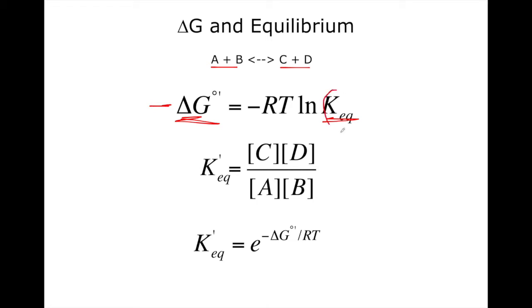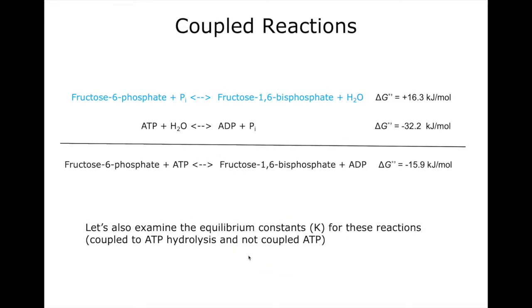Now, if we're trying to solve for Keq, we rearrange this and we get this equation here. Okay? So if you would, take the delta G values for these two reactions over here and convert those into equilibrium constants. If you would, pause the video, get out your calculator, and give that a try.